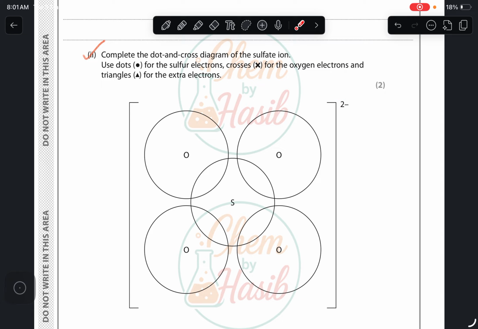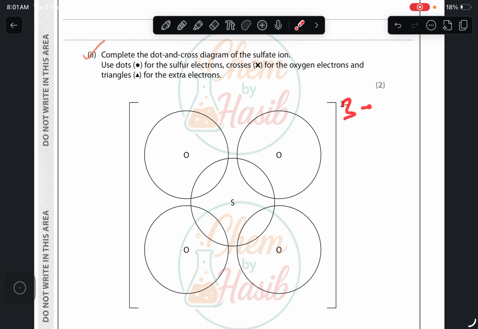And the negative oxygen atoms will form only single bonds. The other 2 atoms will form double bonds, because oxygen usually forms double bonds. They don't form single bonds usually. So what we'll do is, we'll form single bonds according to the overall charge. If the overall charge is 2 minus, we'll form single bonds with 2 oxygen.